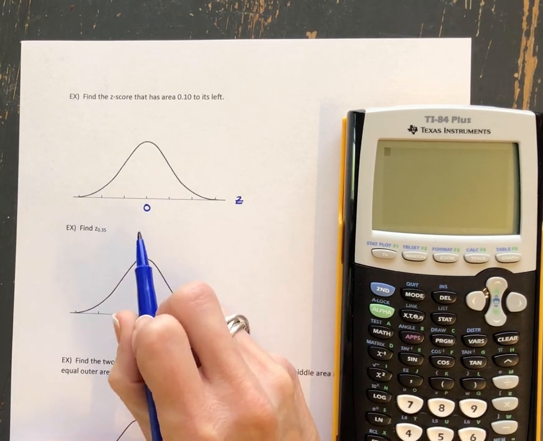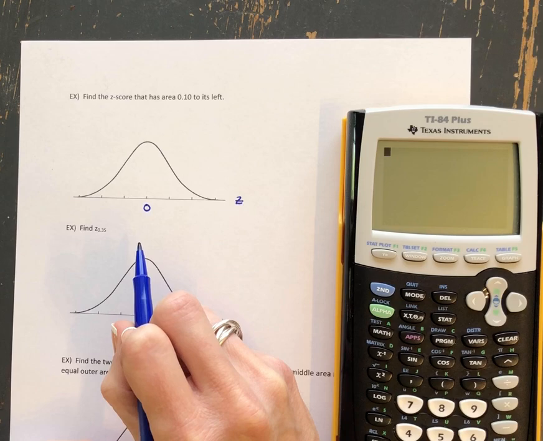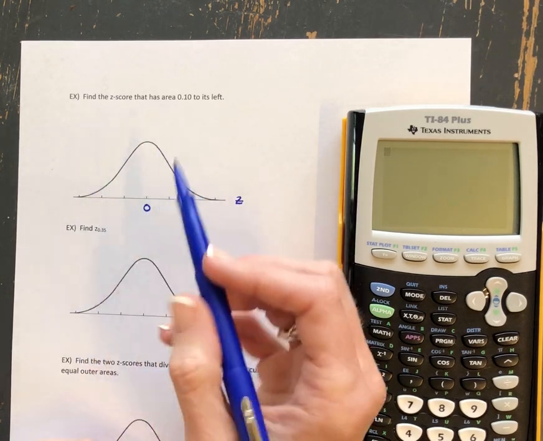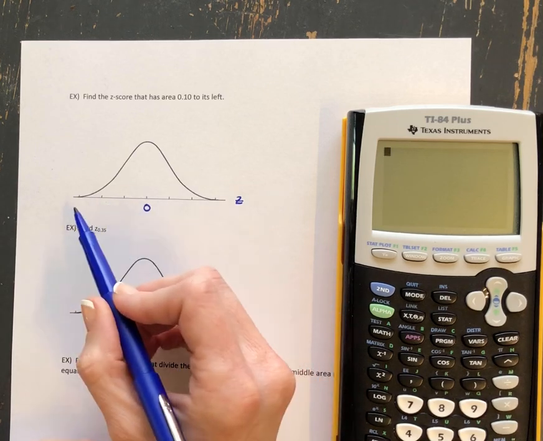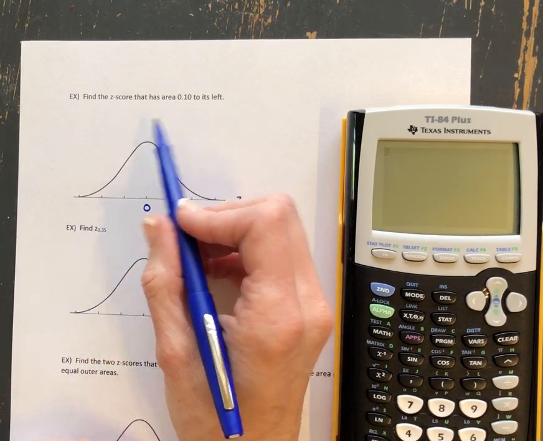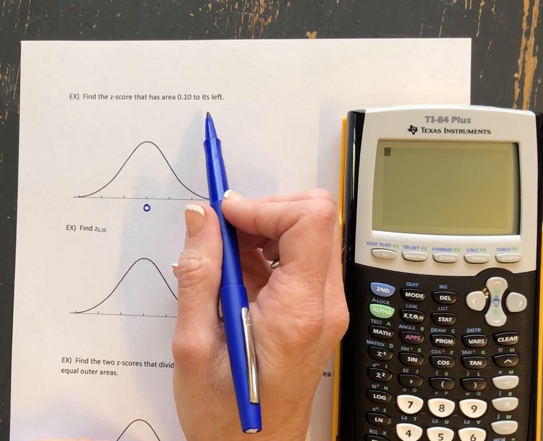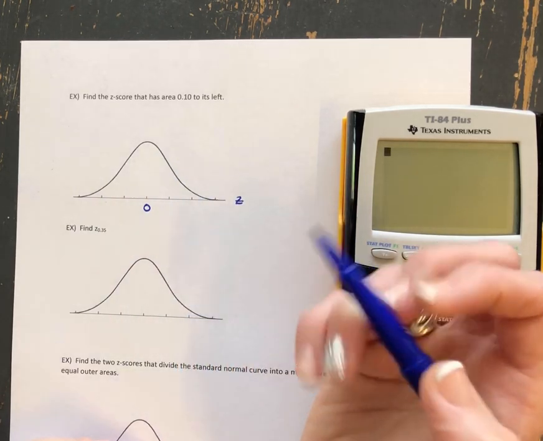I don't necessarily suggest that in cases where you're working backwards because we don't exactly know where to place along the z-axis the z-score that has area 0.1 to its left. So we can get close.